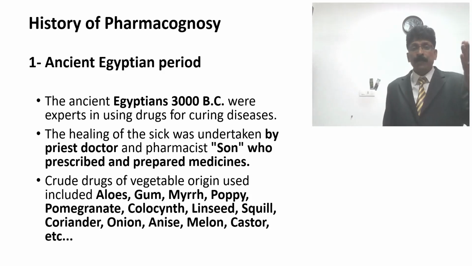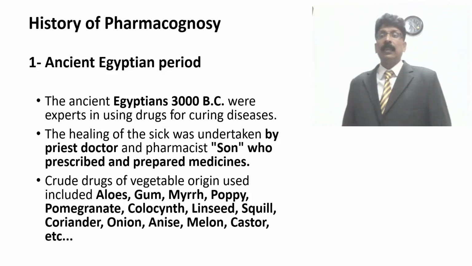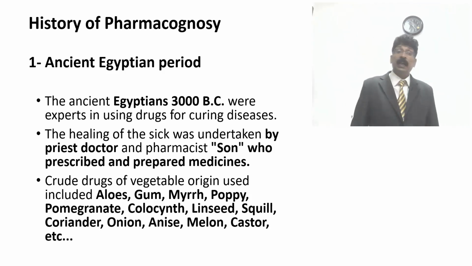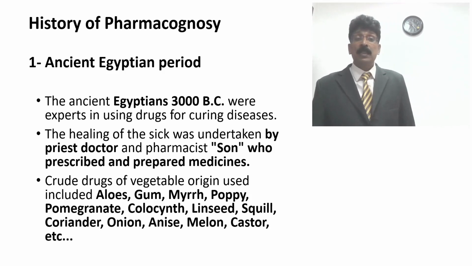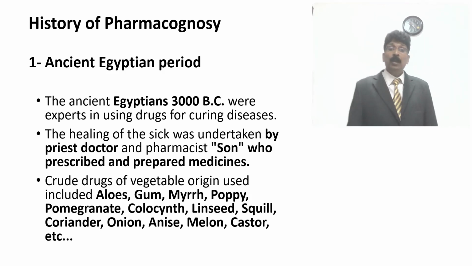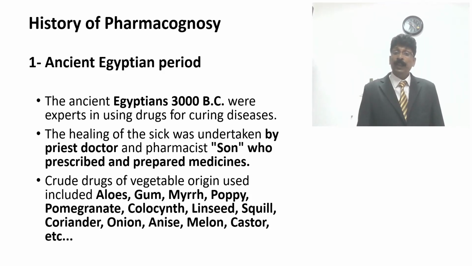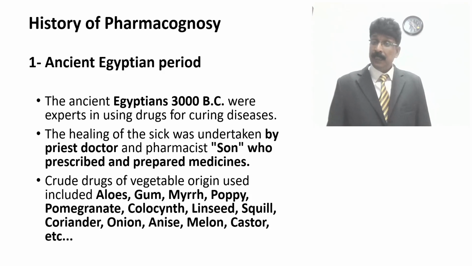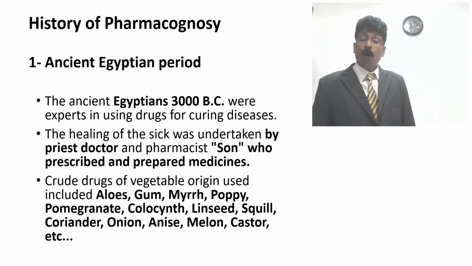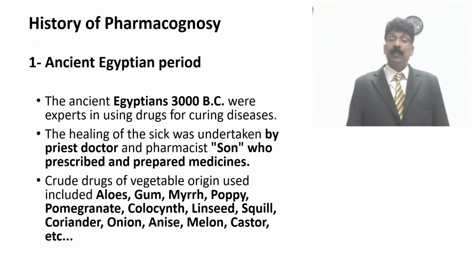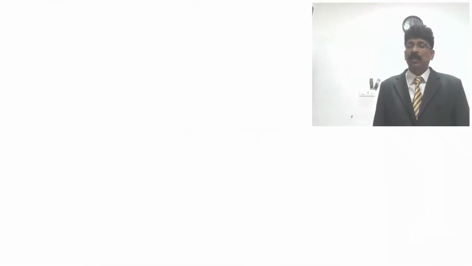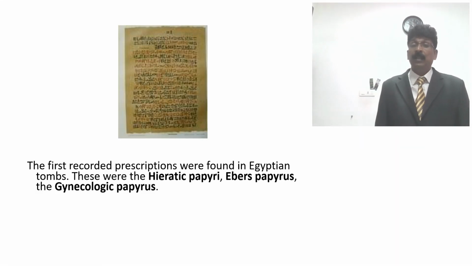Crude drugs of vegetable origin used include aloes, gums, myrrh, poppy, pomegranate, colophony, linseed, squill, coriander, onion, anise, melon, castor. These are some of the ancient drugs they used, some of which we are using in our food nowadays.